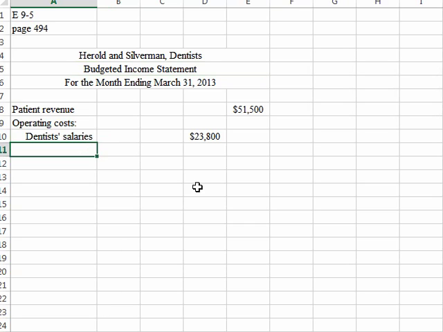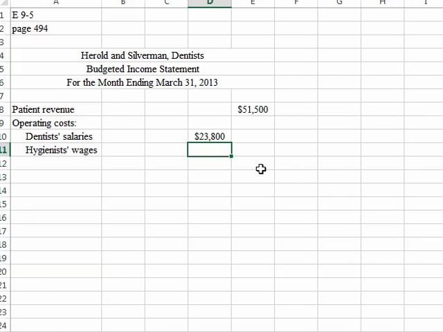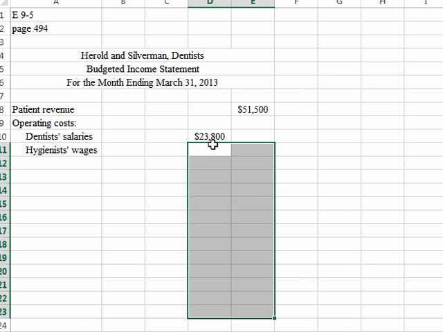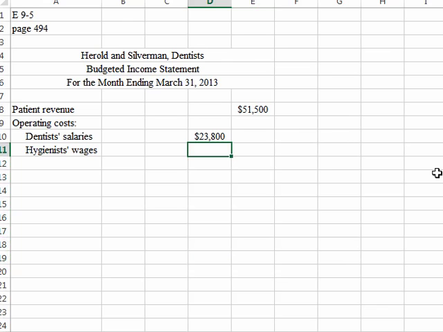Okay, after dentist salaries, the next largest one I see is hygienist wages. Maybe I lied about the spelling. Okay, the hygienist wages were $5,600, like we said.